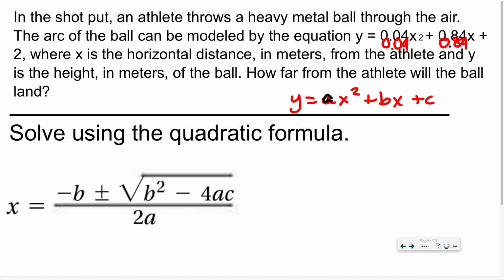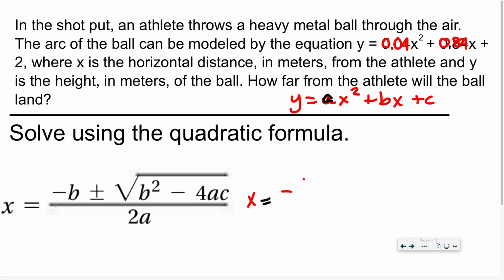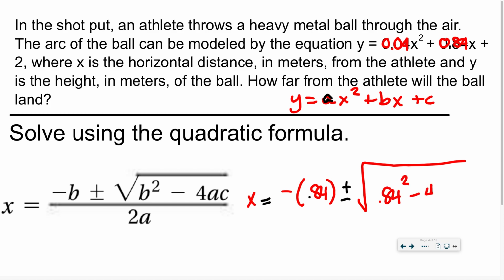So if I wanted to substitute into my quadratic formula, what would my equation be? Negative 0.84 plus or minus the square root of 0.84, good, squared minus 4 times 0.04 times 2, in parentheses.